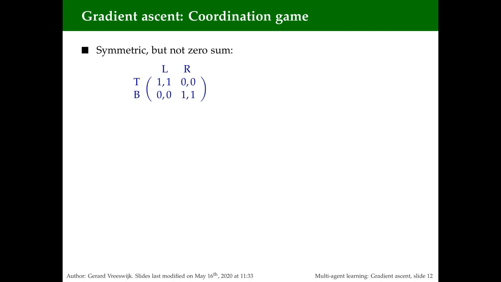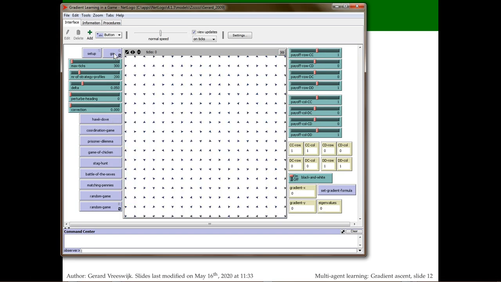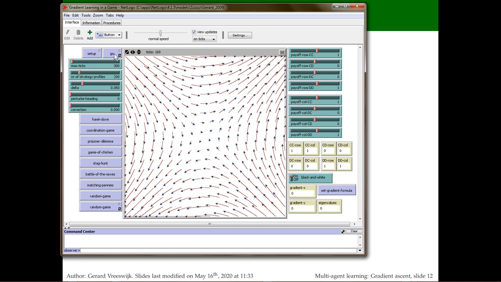So here's the coordination game. It's a symmetric game, it's not a zero-sum game. If you compute the gradient, so just fill out the affine map formula, you will get the gradient in the unit square here, the gradient of the coordination game. So the coordination game means if both parties tend to coordinate, they will fully coordinate.